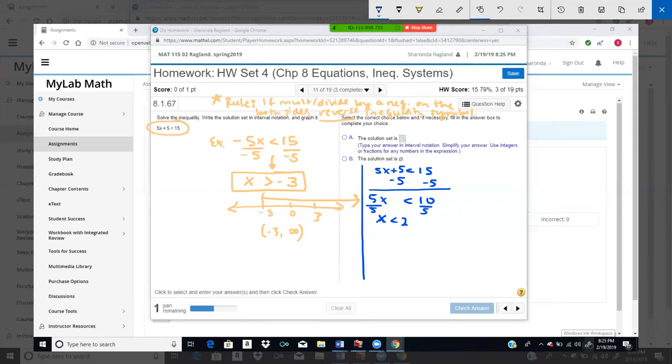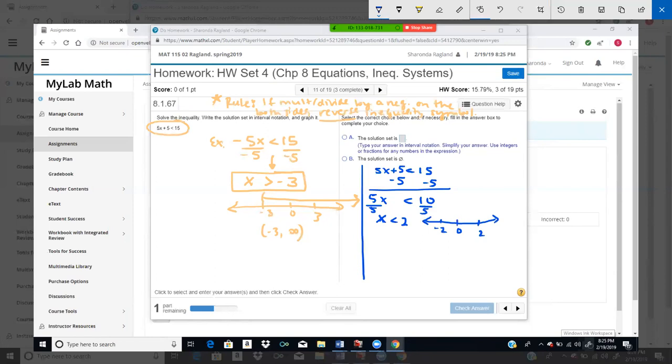Okay, so now you're asked to select the solution set, and it says to type the answer in interval notation. I think it's better if you draw the graphical representation first. That way you can pull your interval from your graph. So x less than 2, what does that mean?